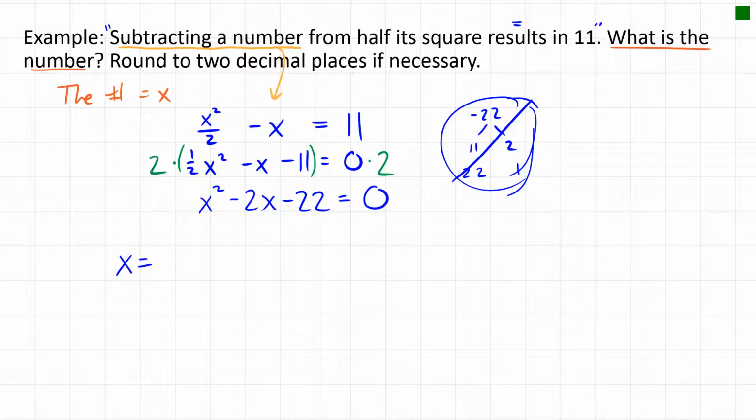So starting with x equals, we're going to do negative b. So negative b would be negative negative 2, plus or minus the square root of b squared minus 4 times a, which is 1, times c, which is negative 22, all of which is divided by 2a.